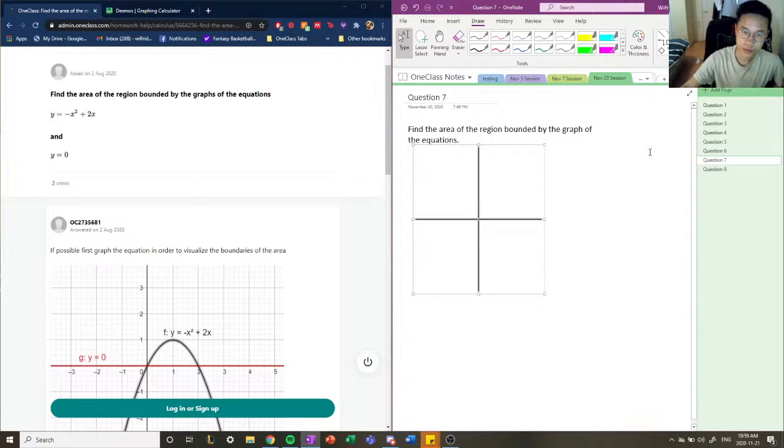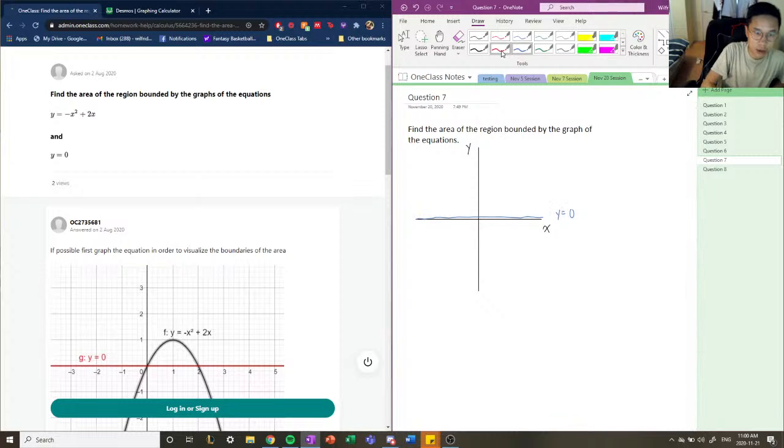Okay, so let's say that is the x-axis and the y-axis. So our first function is just the x-axis, which is y equals 0.